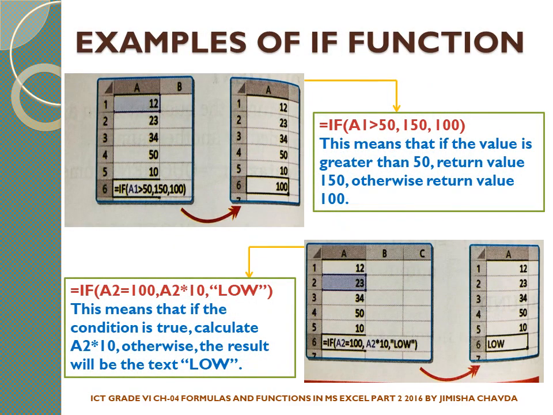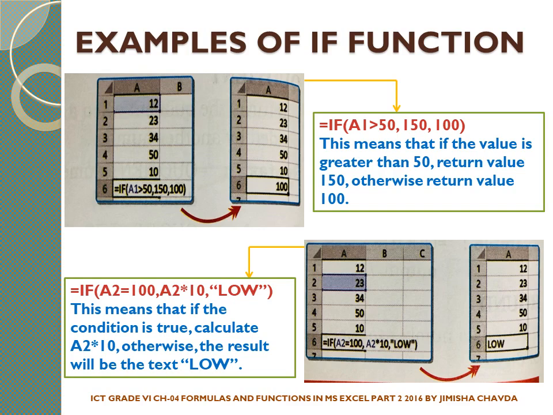Let us understand IF function using two examples. In the first example, the condition taken is equals to IF(A1>50, 150, 100). This means that if the value in the cell address A1 is greater than 50, the return value will be 150, otherwise the return value will be 100.